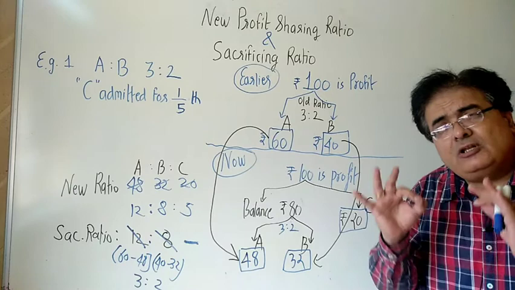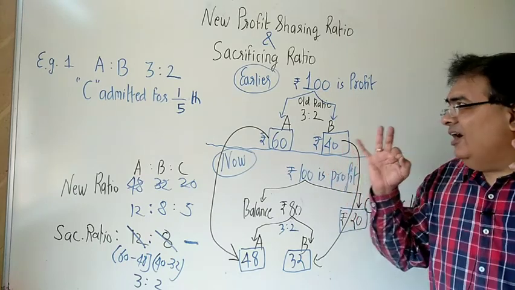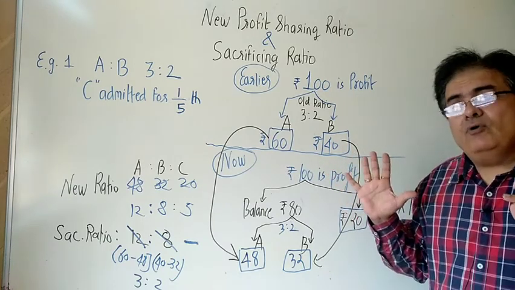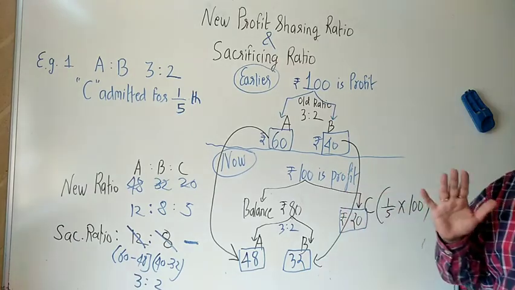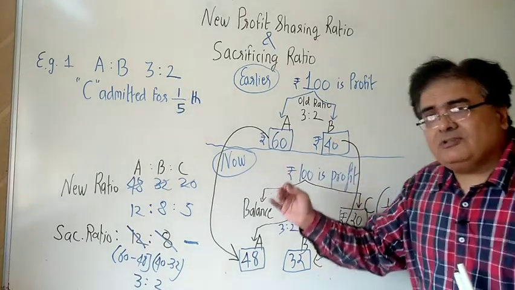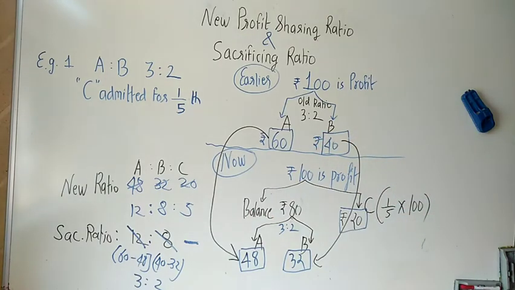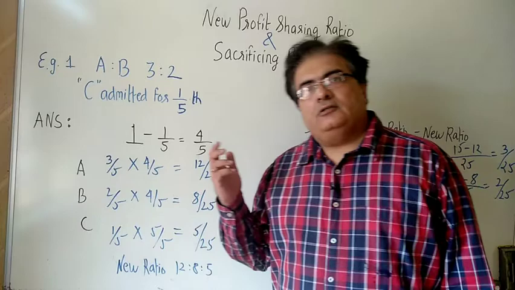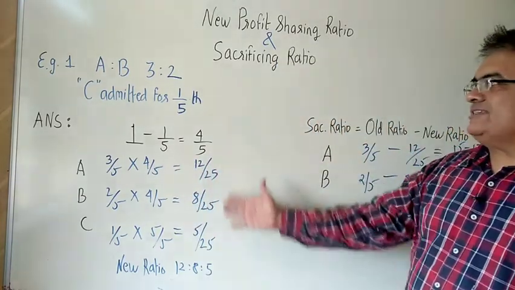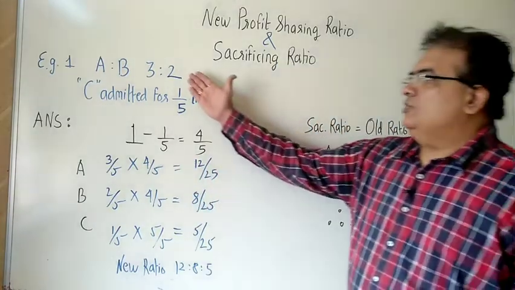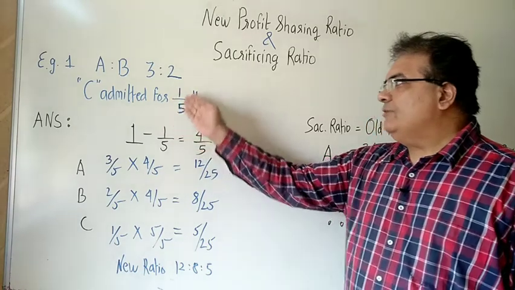This is logical, conceptual understanding of what exactly is happening. Correct? We can also solve this in the traditional style. So let's solve this in the traditional style. Question is the same, 3 is to 2, admitted for 1/5.